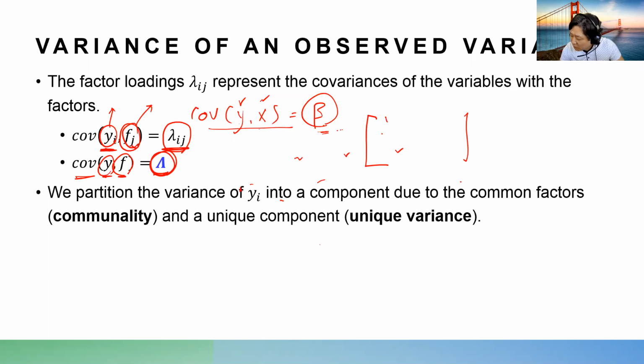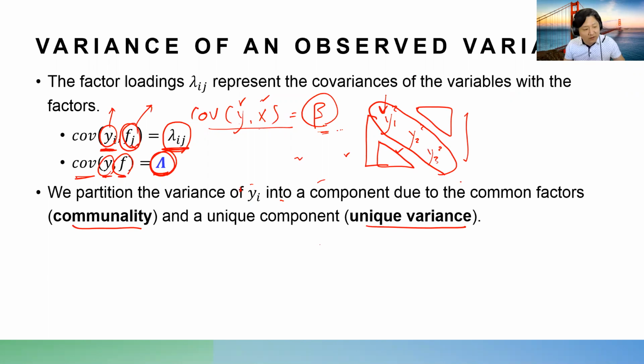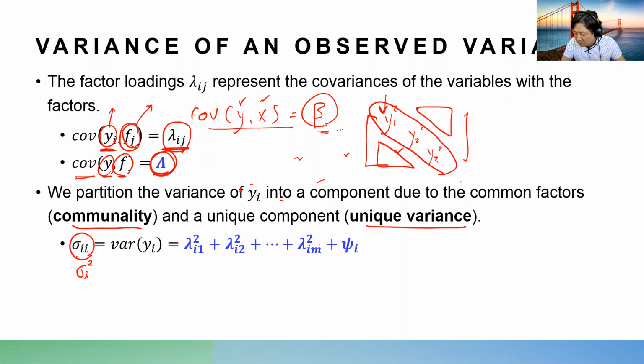So this is y1 square, y2 square, y3 square, right? These are variances, and these are covariances. We partition these variances into two parts: communality and unique variance. This is the variance of yi, and this is the first factor loading squared plus the second factor loading squared up to the last factor loading squared, plus residual error.